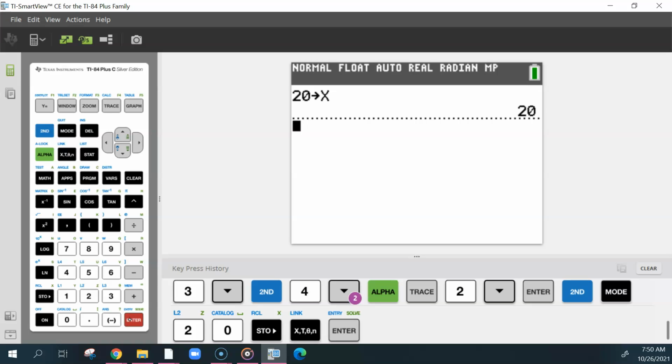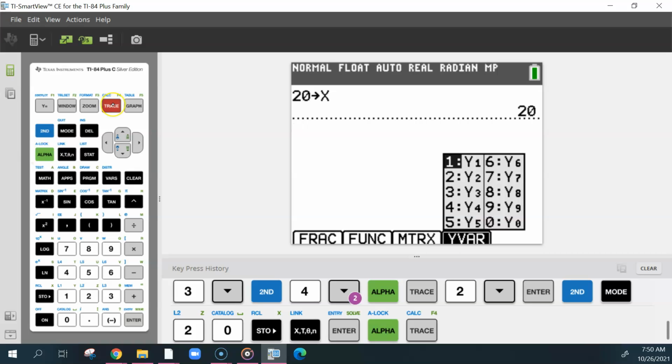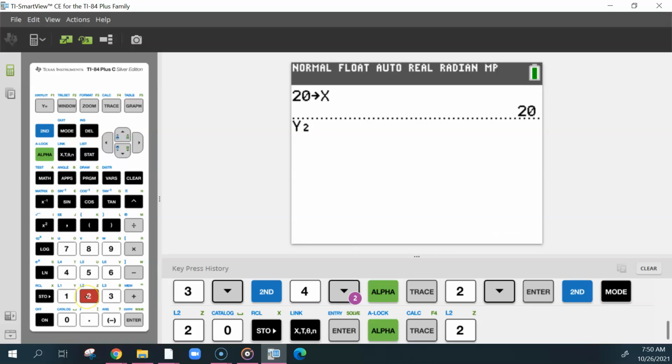And then go back and grab your equation from wherever you stored it, Alpha Trace. Mine's in Y2, yours might be in Y1. 8.84 was that answer. And then the units were in millions, or million, either of those would work.